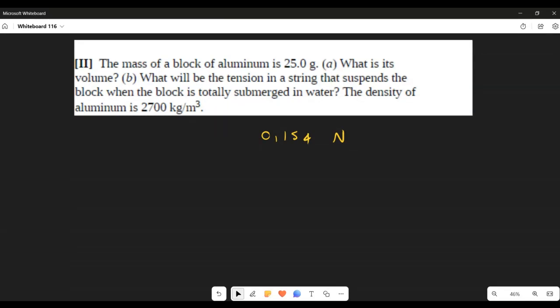So that's the answer for B, but A's answer, I'll give it to you now. Just give me a second.